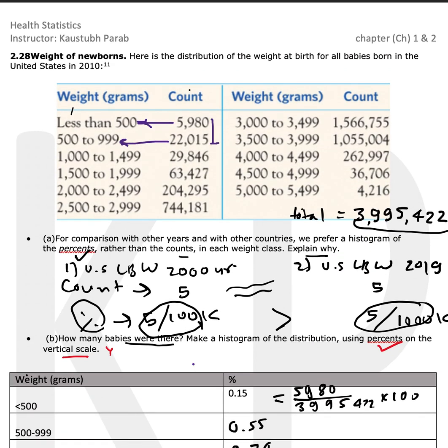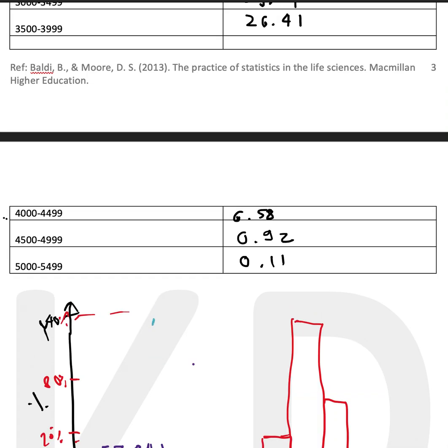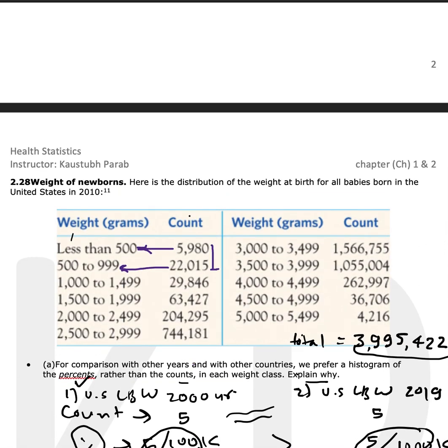So just keep on adding that till we reach the median. So now we have to add 57,841 to the next value, that is 63,427.